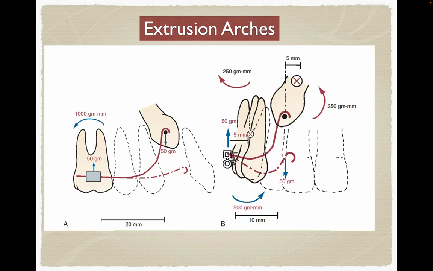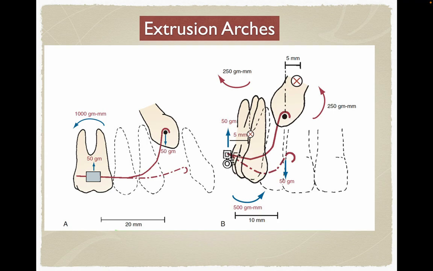Now, when you are intruding this molar, you are applying the force here. So the force now is away from the center of resistance by 5 millimeter. So that will result in a clockwise rotation, or the molars will rotate buccally because we are applying the force out of the center of resistance.